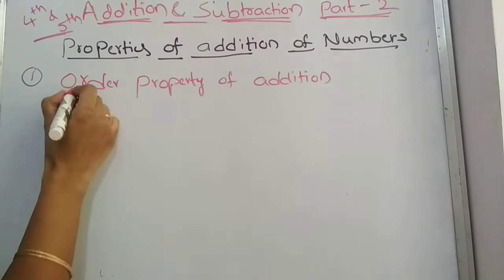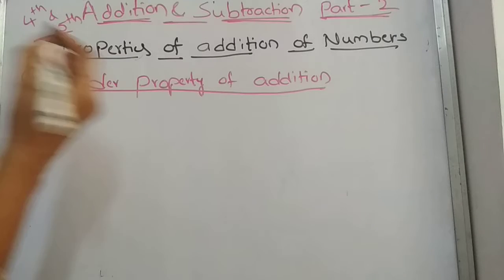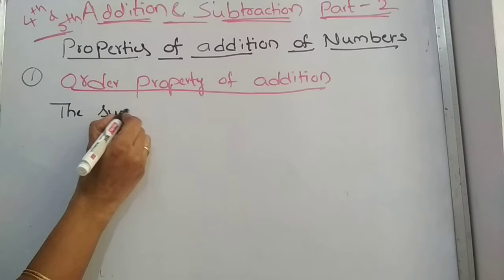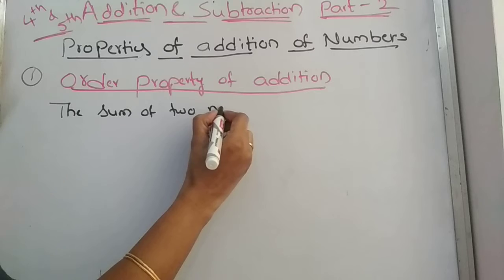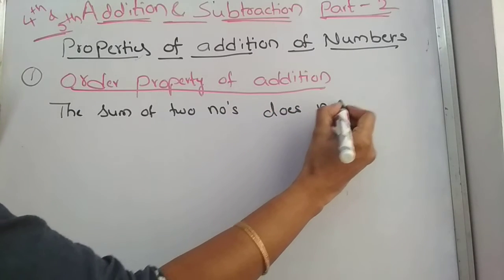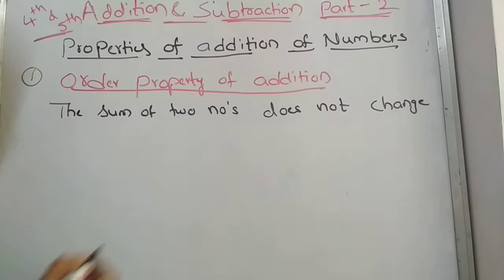Okay, what is the meaning of this one? Order property of addition means the sum of two numbers does not change when the order of the addends is changed, and I'll explain this one also.